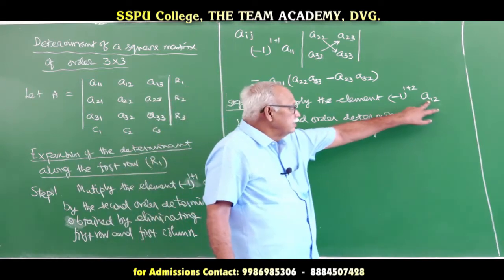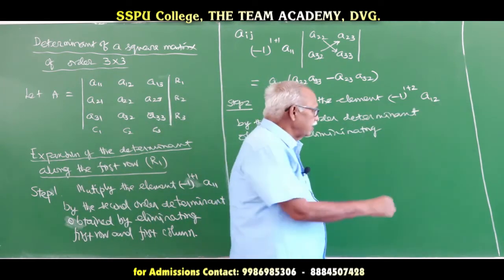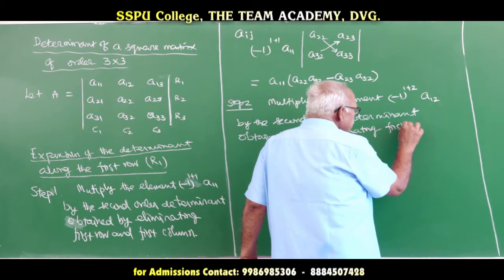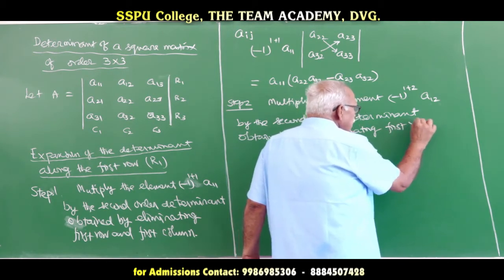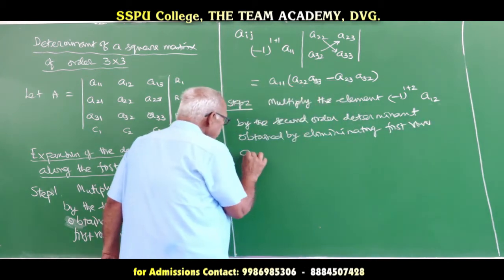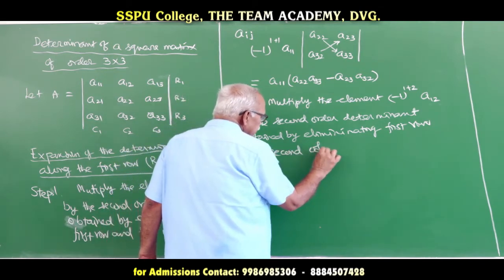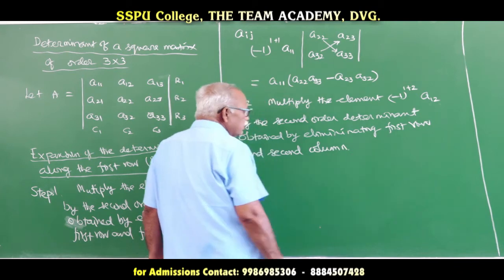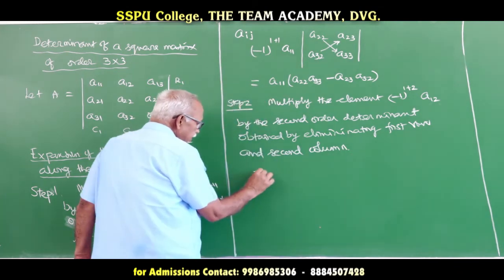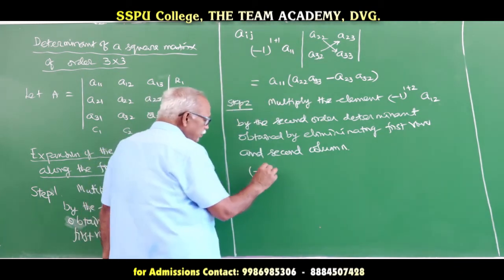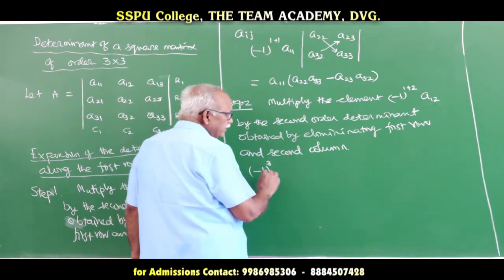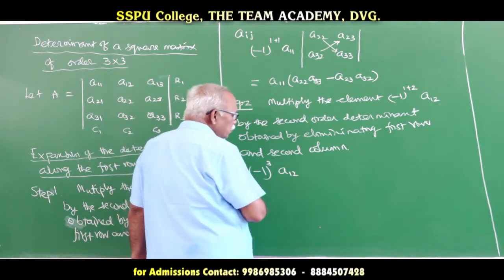You see here, first row and second column. The result of this, let me write it here, minus 1 whole power 3 into A12.